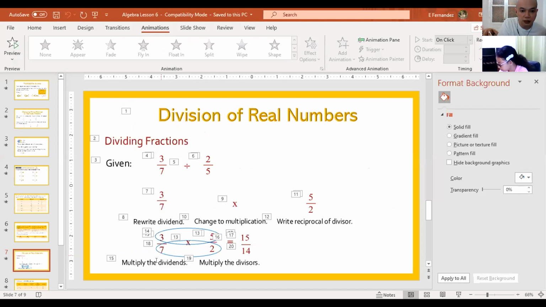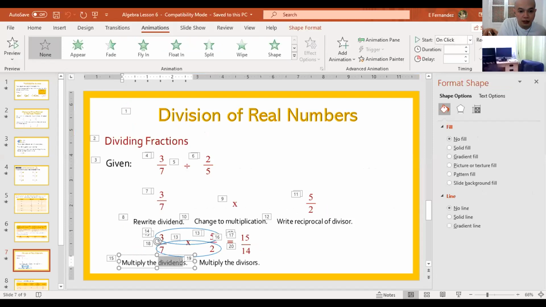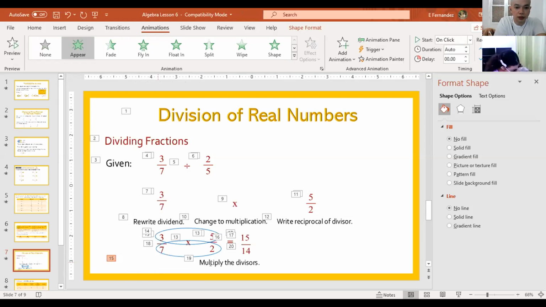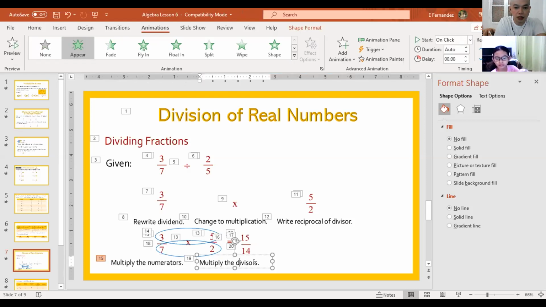It should be multiply the numerators, then multiply the denominators.